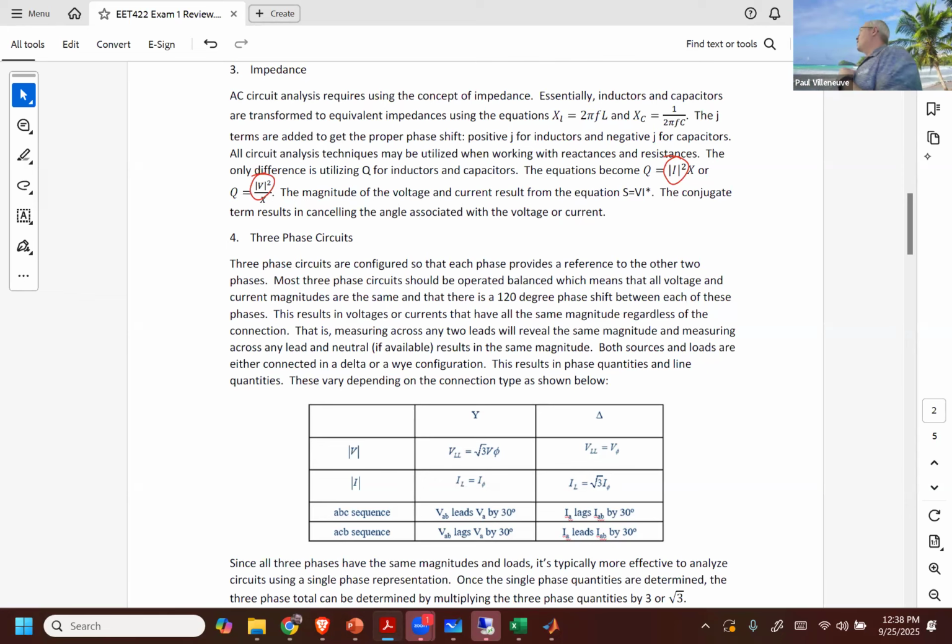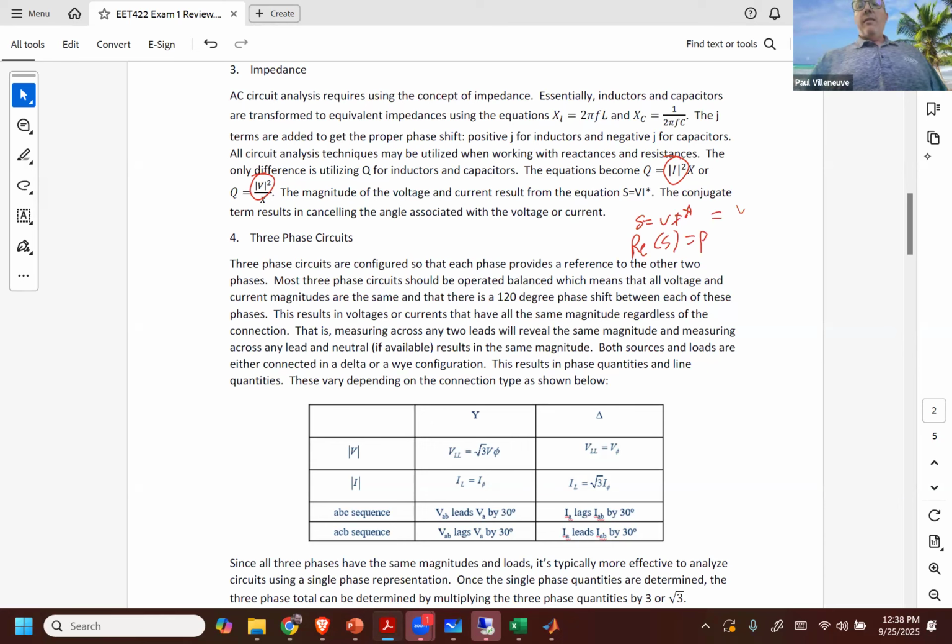So you should never turn in homework or an exam that says Q equals 372.5 at an angle of 26, because it's a scalar quantity, right? And if you do that, it's because you did not take the magnitude of the voltage or the current. And the only reason why it's the magnitude, because remember, S equals V I conjugate, and the real part of S equals the power, right?